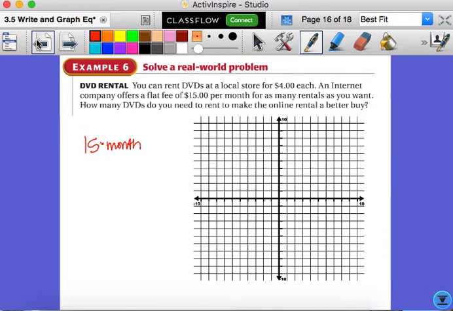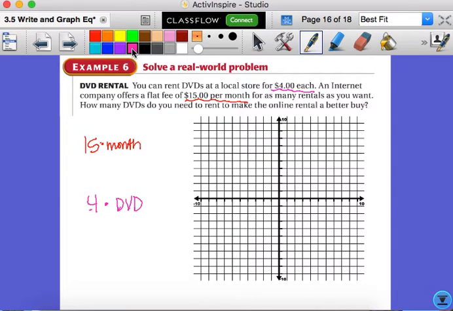So we want to know, how many DVDs do you need to rent to make the online rental better? So one of them offers $15 per month, and one of them offers $4 each. So we've either got $15 per month or $4 per DVD.